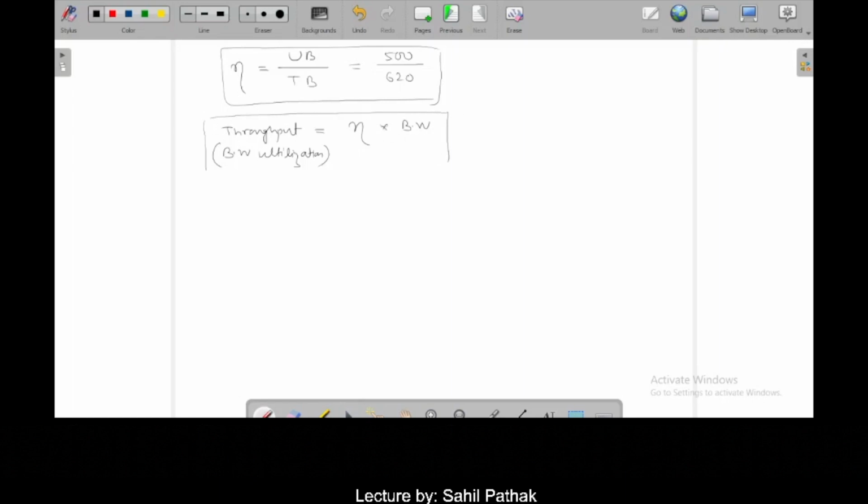We have calculated the efficiency and bandwidth will be given to you, and that is how you can calculate the throughput. There is one thing that I want to mention here: when you are trying to find out the bandwidth, you have to take the bottleneck bandwidth, or the minimum bandwidth given in every network. So you have to take the minimum bandwidth that is present.